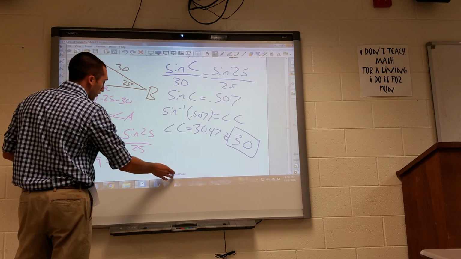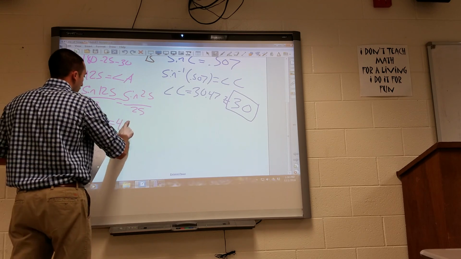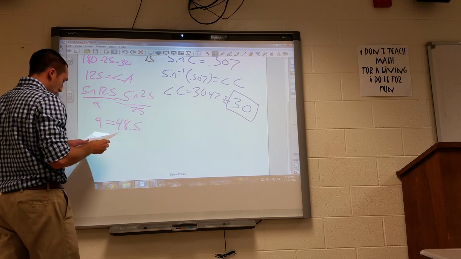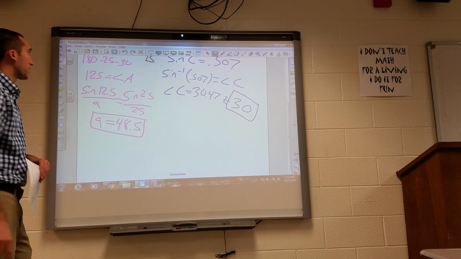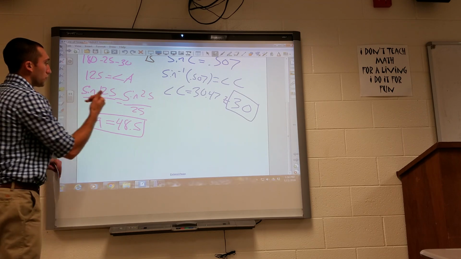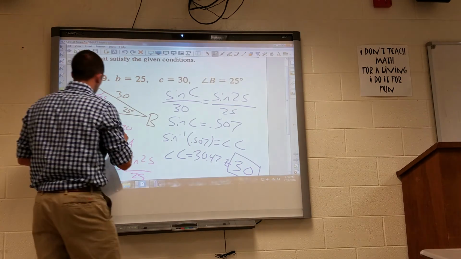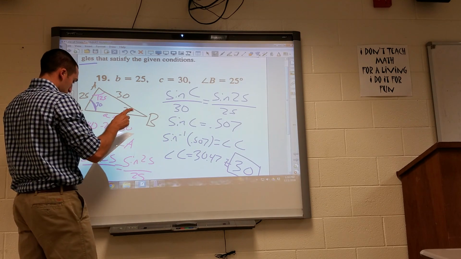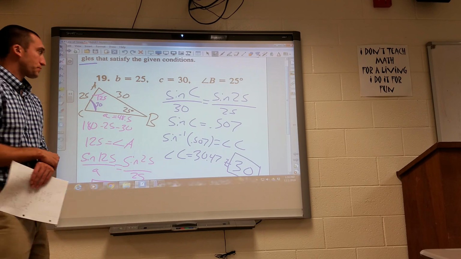That's just simple algebra. And we get A to be equal to 48.5. And remember, we're going to round lengths of sides of triangles to one decimal place. So I have solved my triangle. I have all of the parts of my triangle.